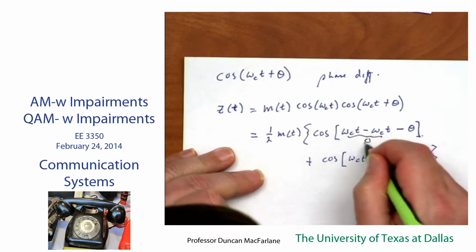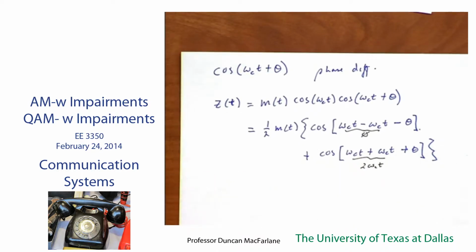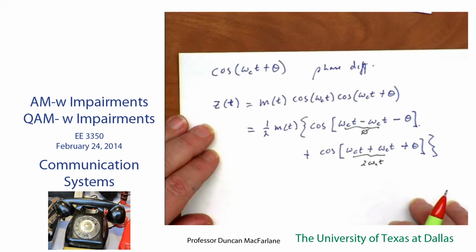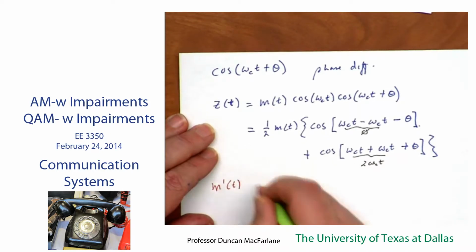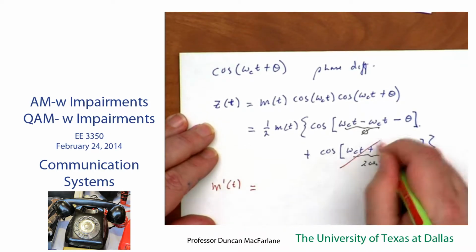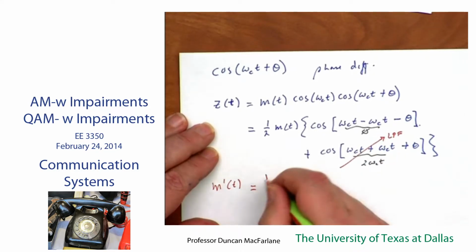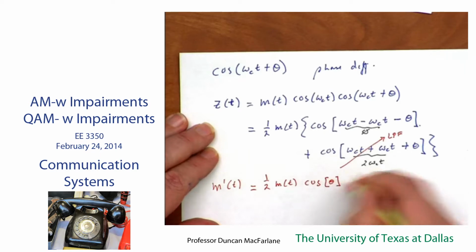These guys go to 0. These guys go to twice omega CT. So I have m prime of t. If I do my low-pass filtering, I lose that term altogether. So this is equal to 1/2 m of t times the cosine of theta.